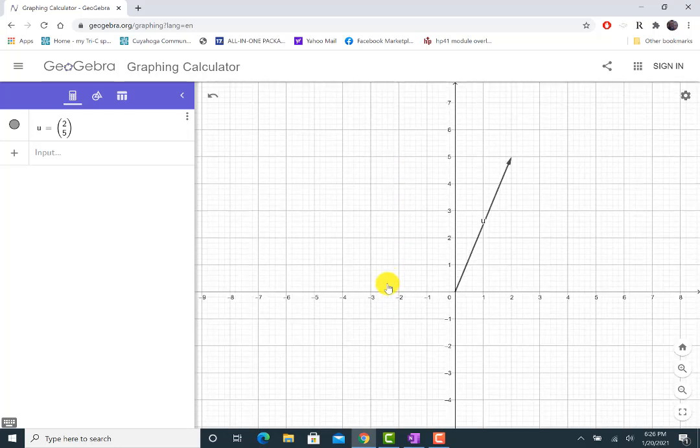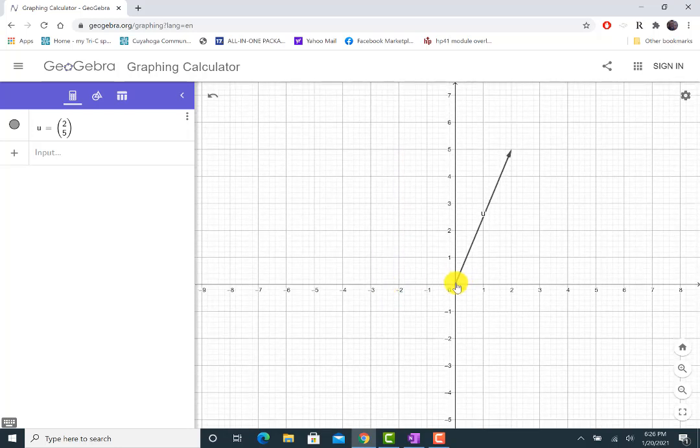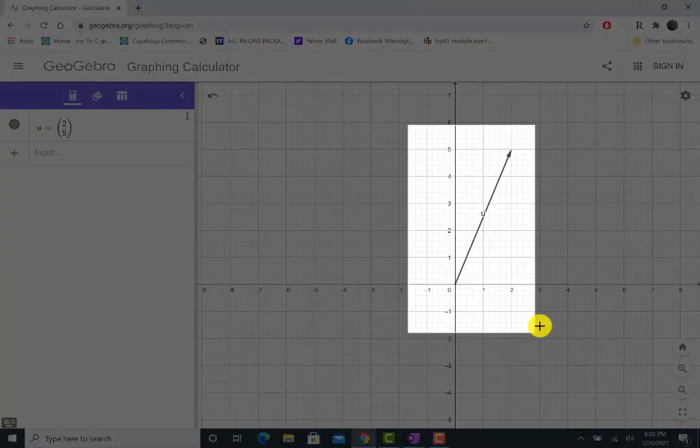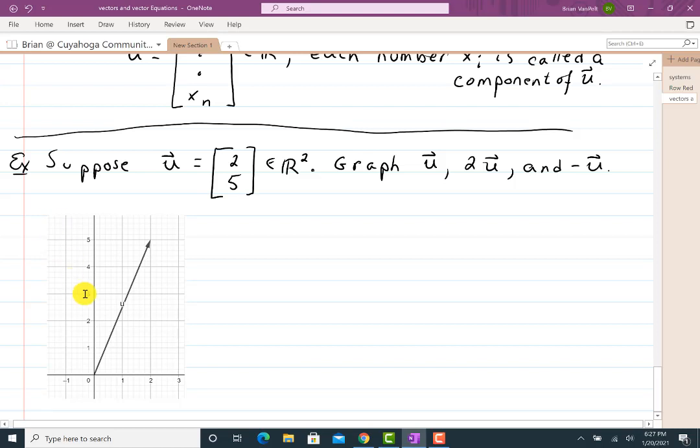You can move this around, of course. The tip of the vector is at 2, 5. That point is 2, 5.